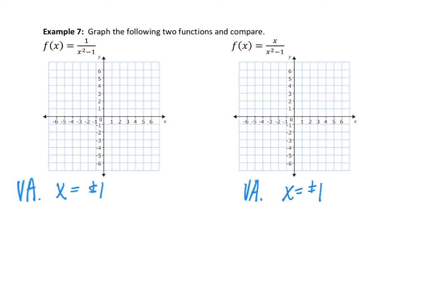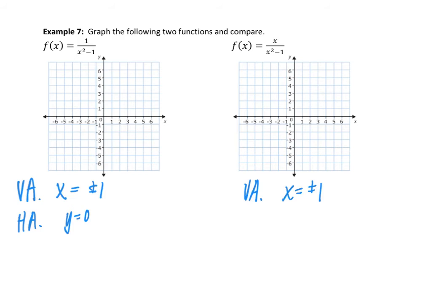Okay, so from here, horizontal asymptote. The degree of the denominator is different than the degree of the numerator. It's bottom heavy. So we have a horizontal asymptote of y equals 0.